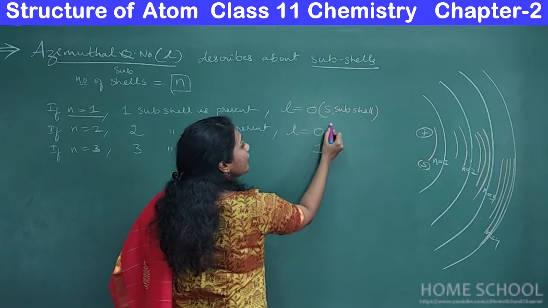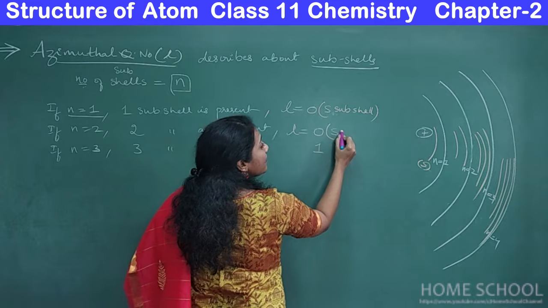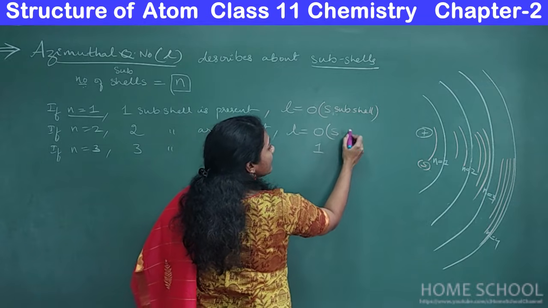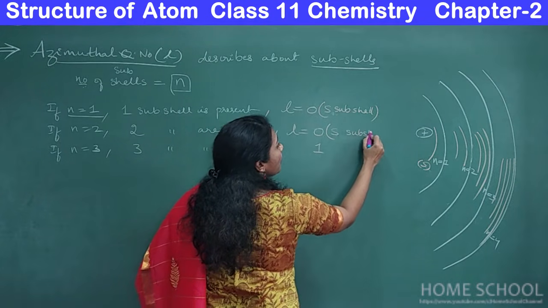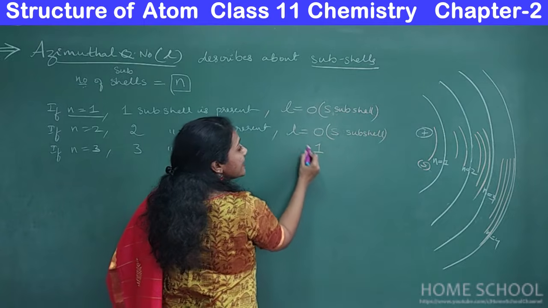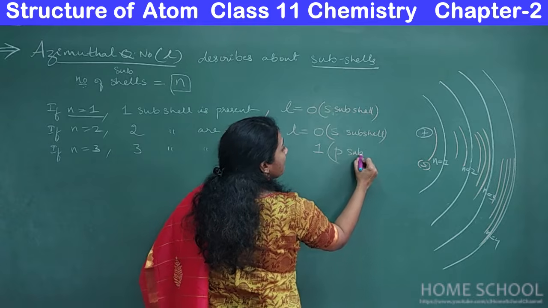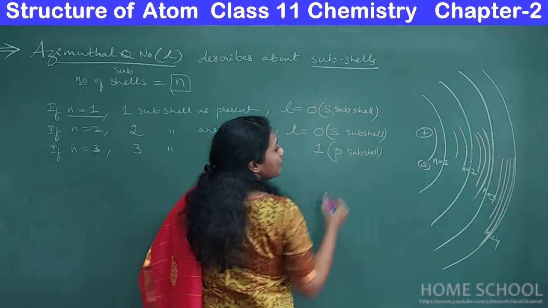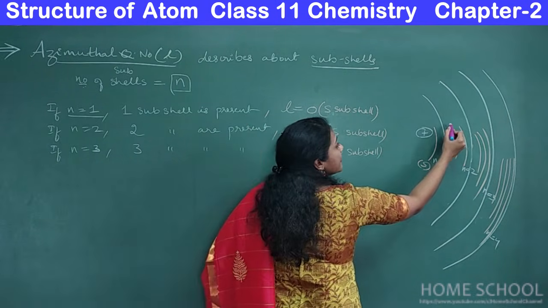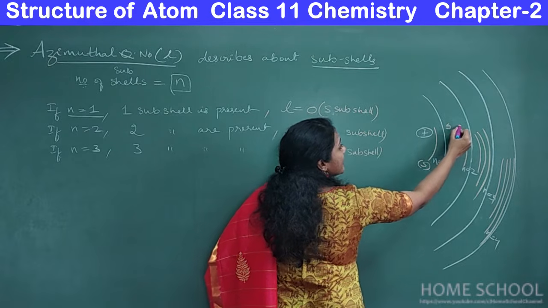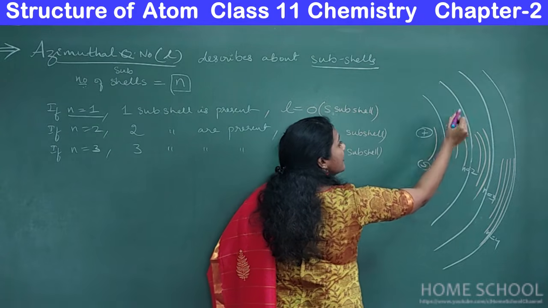So l equal to 0 means it has the name s, this is the s type of subshell, and l equal to 1 means it is the p subshell.